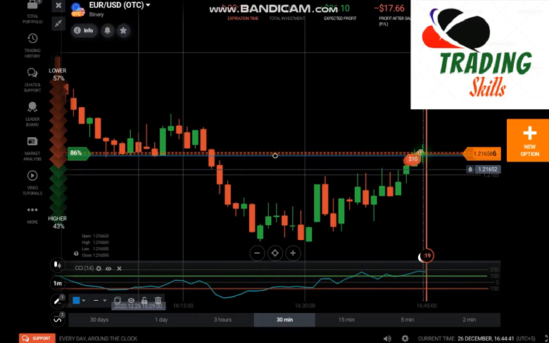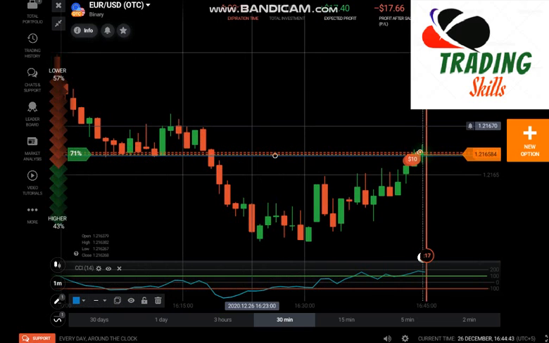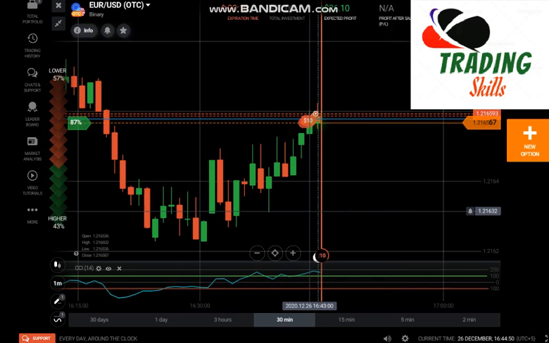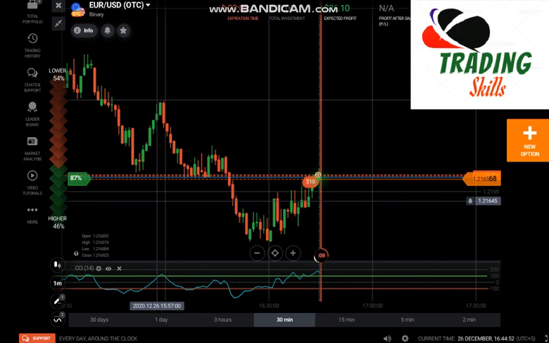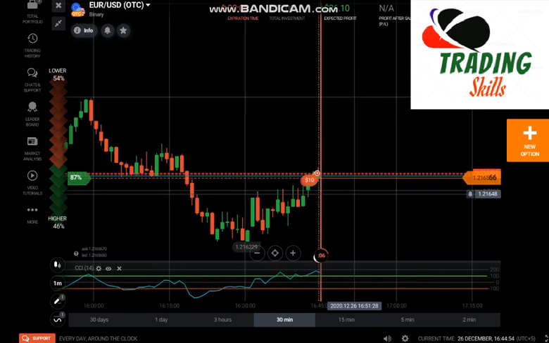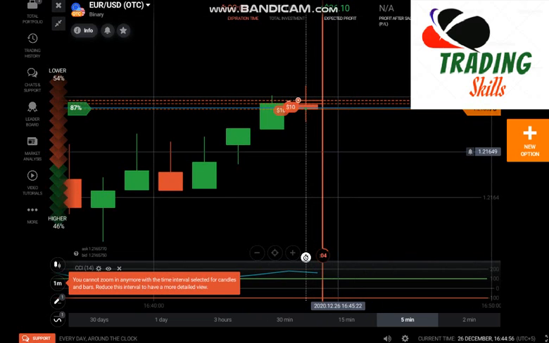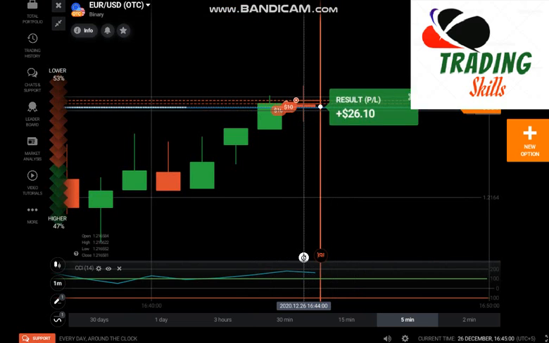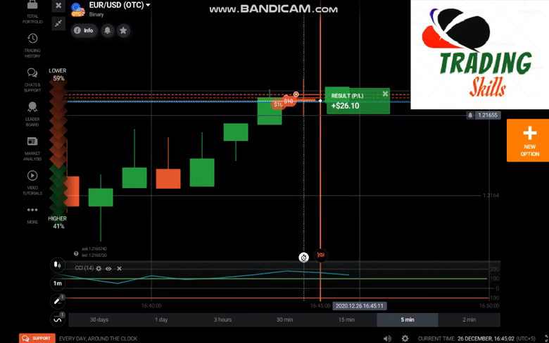From this point to this point, okay, no issues. The market will close below our entry points, and I have confirmed the level, so therefore the next candle will close as a bearish. Okay, so I won my trade here also.